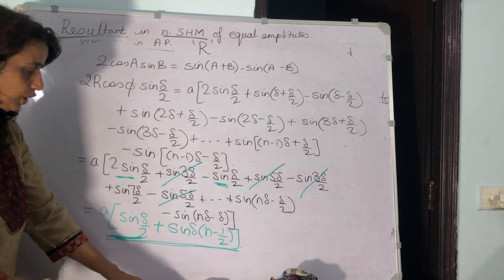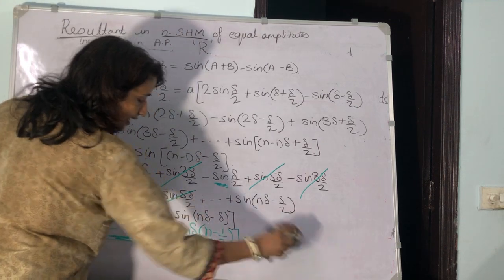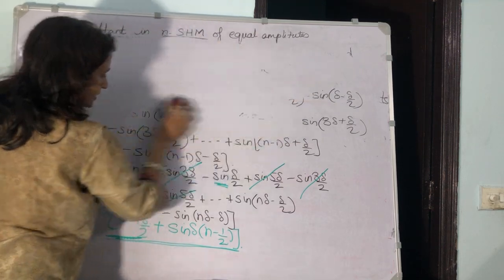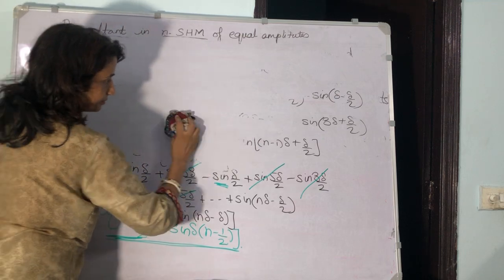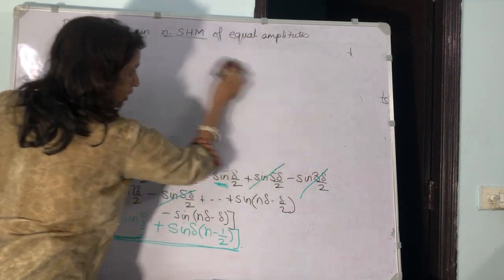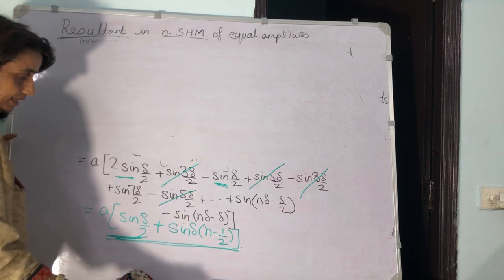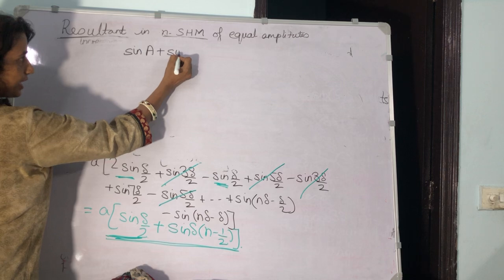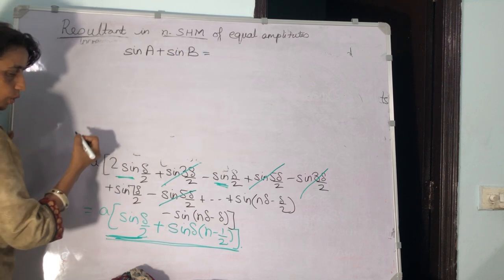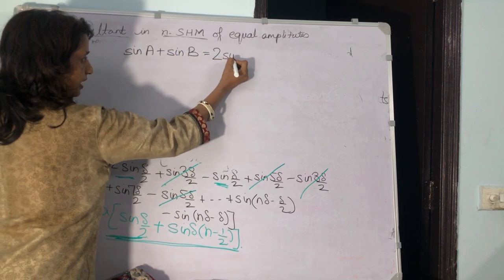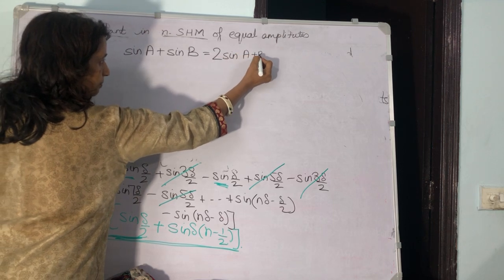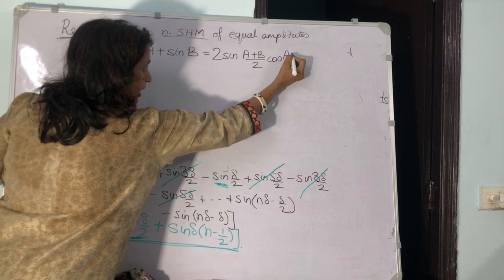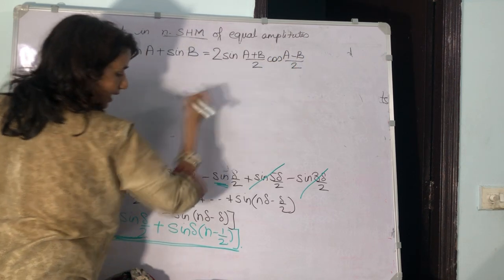Now we will use the formula sin A plus sin B. Sin A plus sin B is equal to the very famous mathematical formula: sin A plus sin B is equal to 2 sin A plus B by 2 cos A minus B by 2.